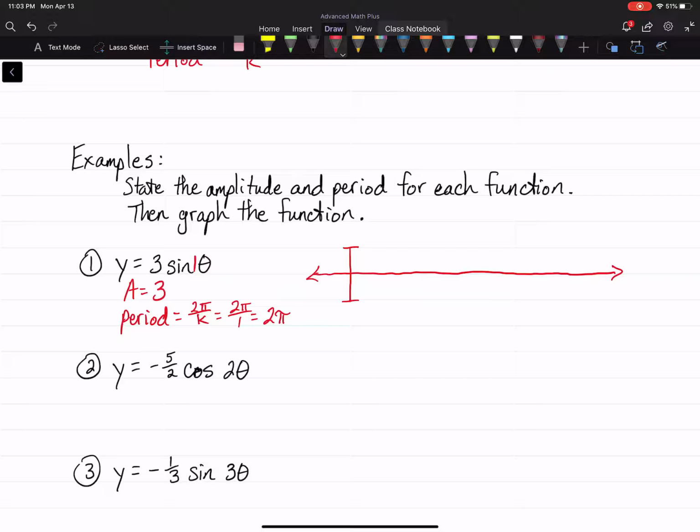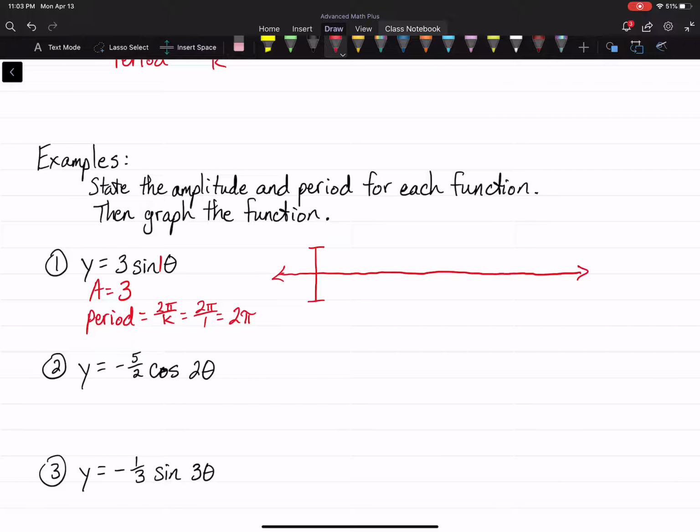Now, if you were here for the other lesson, remember we talked about how I always break the period down into fourths. That just makes it easy. And since I'm doing 2 periods' worth, that actually means I'm going to break it down into 8. So there's 2, that would be 4, and then half that again, and then we have 8.